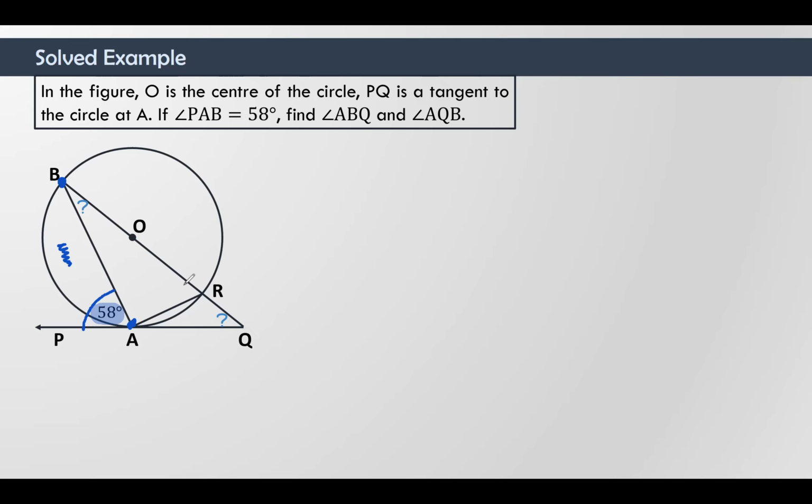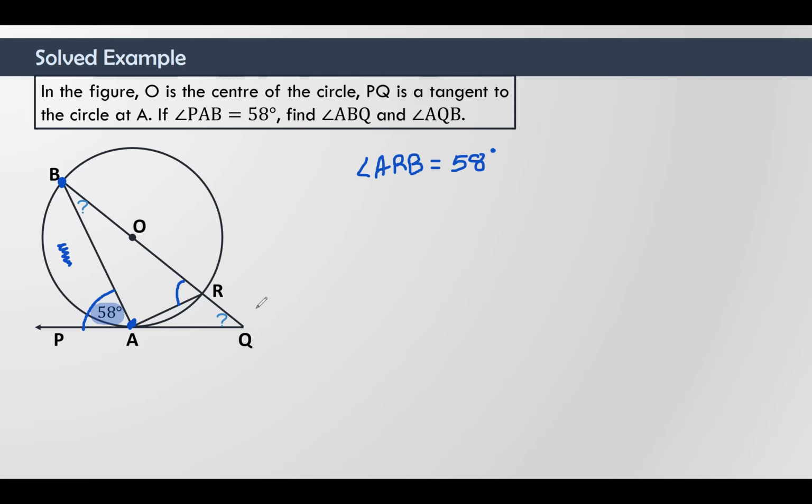And you can see AB is forming an angle at point R. So angle ARB is equal to 58 degrees by the theorem of alternate segment.